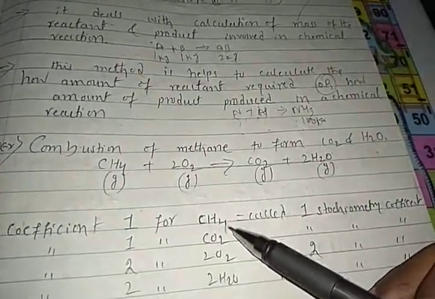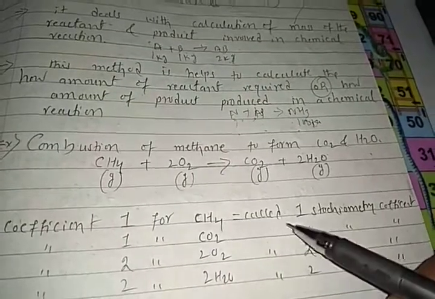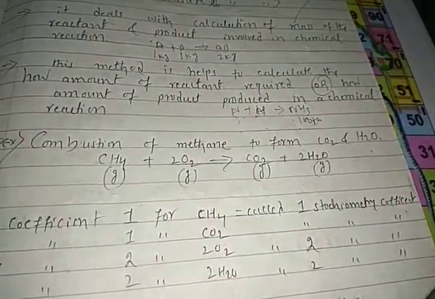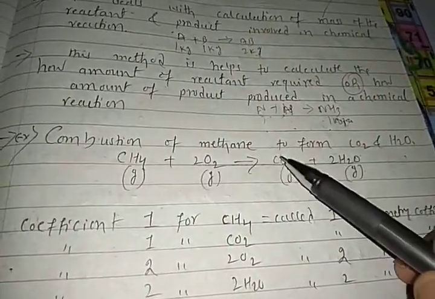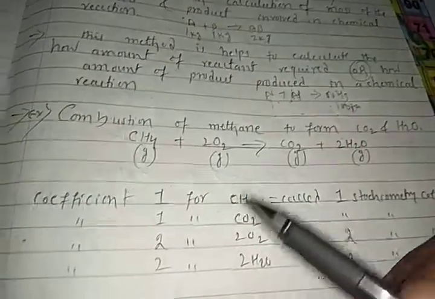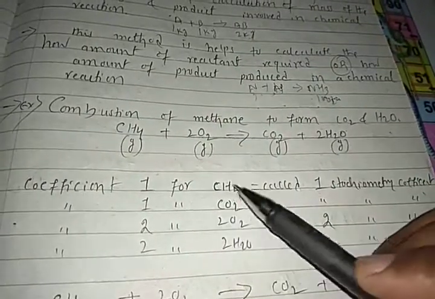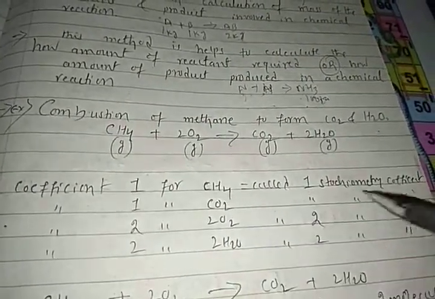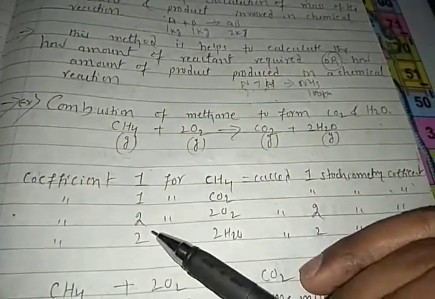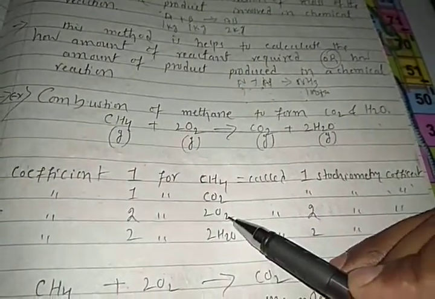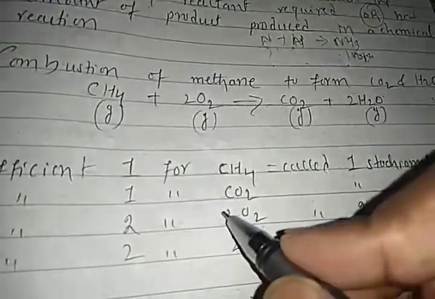Methane has a stoichiometric coefficient of 1, and carbon dioxide also has a stoichiometric coefficient of 1. Oxygen, 2O2, has a coefficient of 2. This is the coefficient, students.